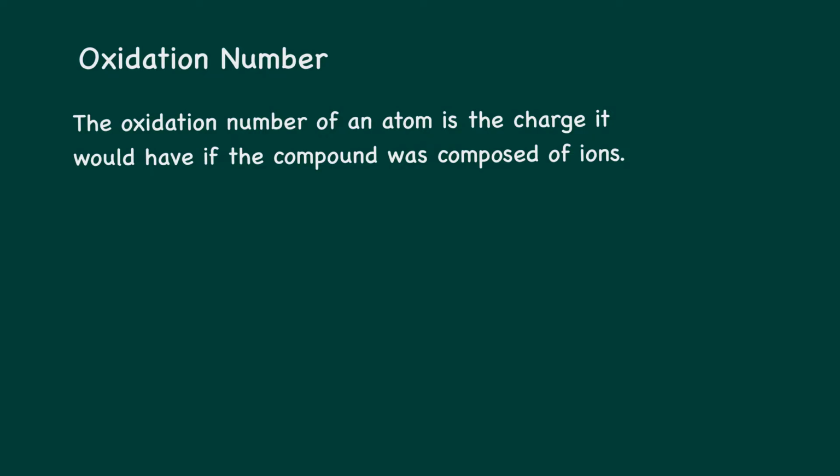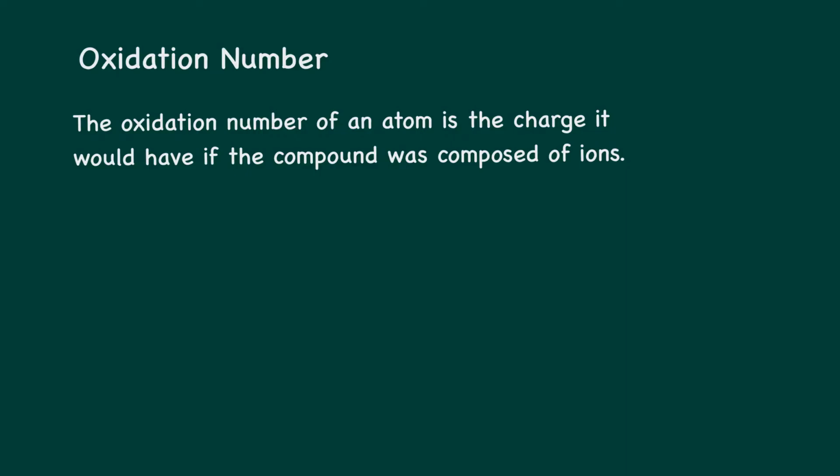But for the sake of this video and this particular topic, we are not going to dive into those rules. That is a topic for another video. For now, we just need to know that oxidation numbers are found from the periodic table.